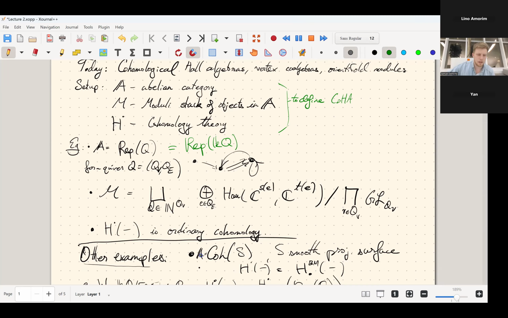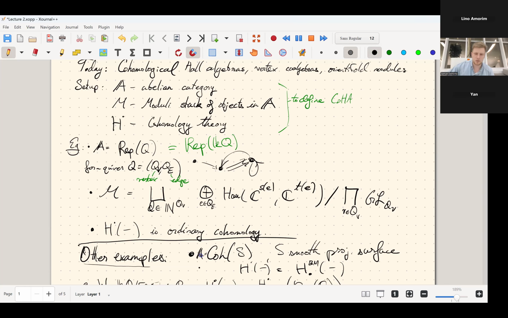Our quiver has a vertex set and an edge set, and we draw it as a diagram where our vertices are nodes and our edges are arrows. And a representation assigns a vector space to each node and a homomorphism to the target of each arrow.